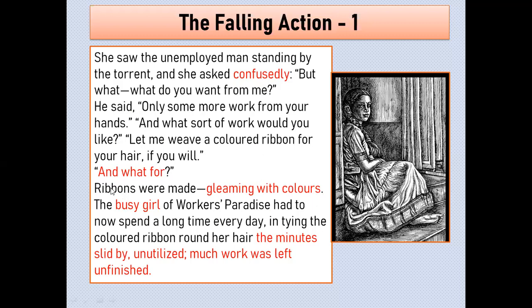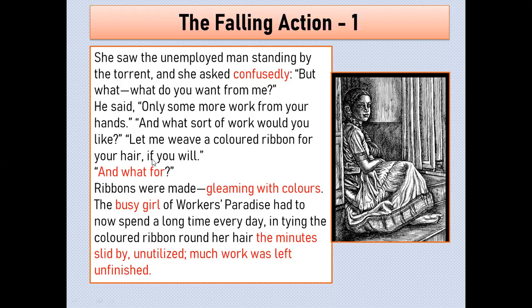However, the unemployed man, the idle man, makes the ribbons which are gleaming with colors, and the girl goes home with these ribbons. And the busy girl of workers' paradise now spends a long time every day. She ties the colored ribbon round her hair, and without even realizing it, the minutes just go by unutilized. She doesn't use it for anything important. And so a lot of work was left unfinished.